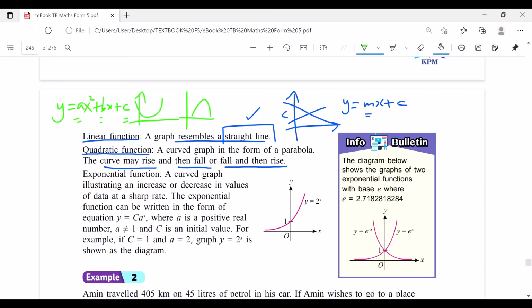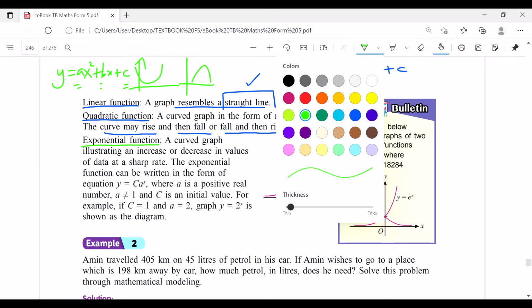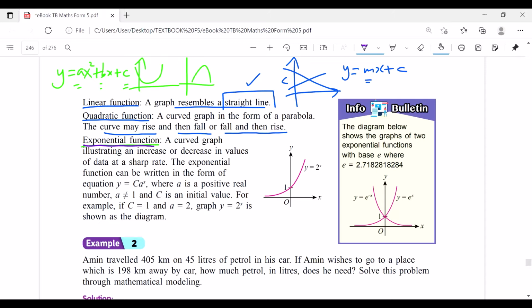For exponential function, it's a curve graph illustrating an increase or decrease in values of data in a sharp rate. Exponential, in a very sharp rate, that means very fast growth, if it is increasing.